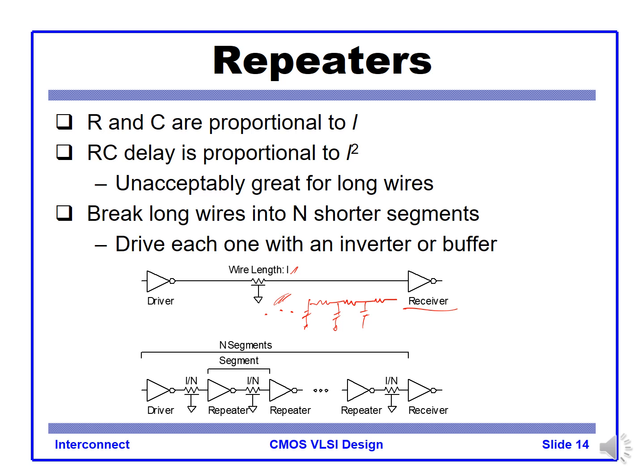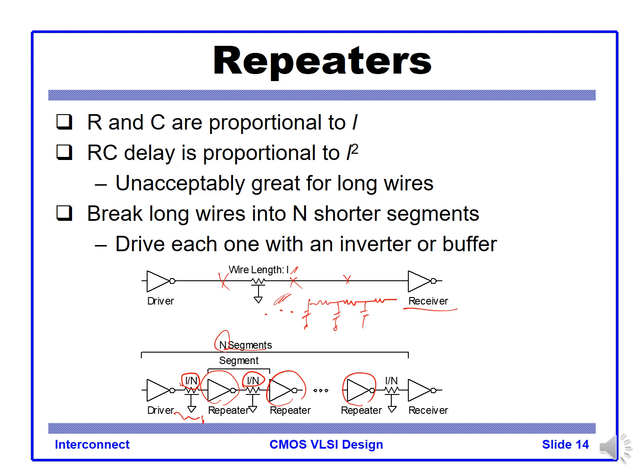Let's break the line into N sections and add buffers between them. So each line will have a smaller length. If we have N segments, each one will have length L over N, and the capacitance is also smaller.